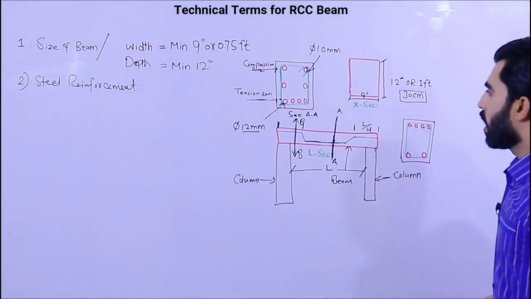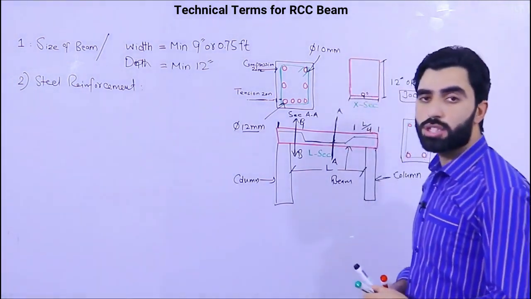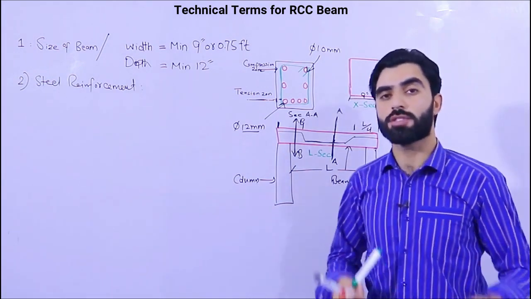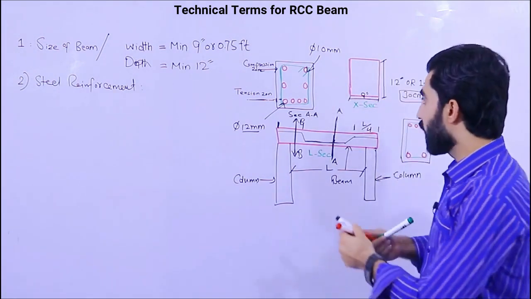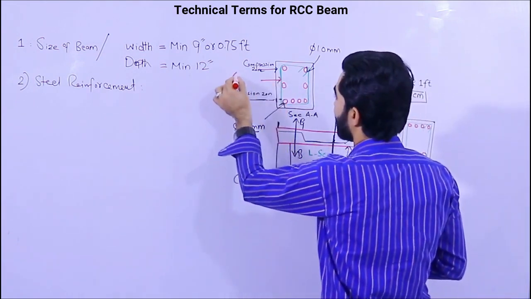Now guys, what should be the diameter of steel rod for the stirrup? For a normal residential building, just for the ground floor, we should not use a stirrup less than 6 mm.